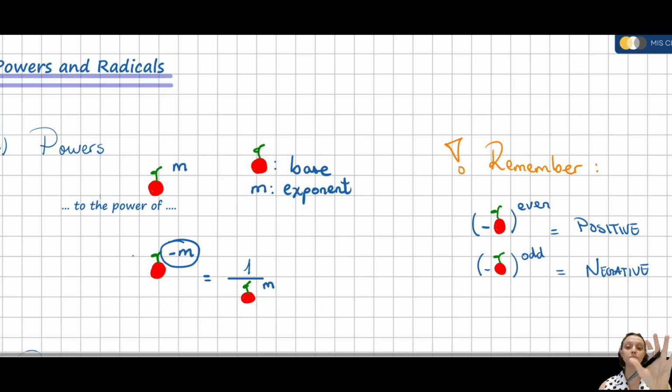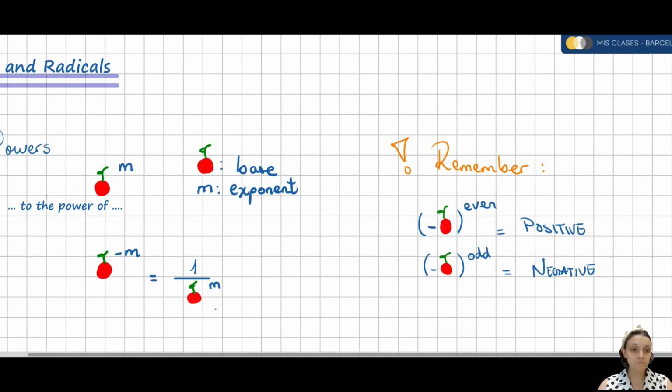If we have it in the numerator, it will go immediately to the denominator and vice versa, okay? Once we make that change, the minus disappears. See that here we have apple to the power of minus m, and here, now that it is in the opposite position, the m is positive because we already operated the negative, okay?